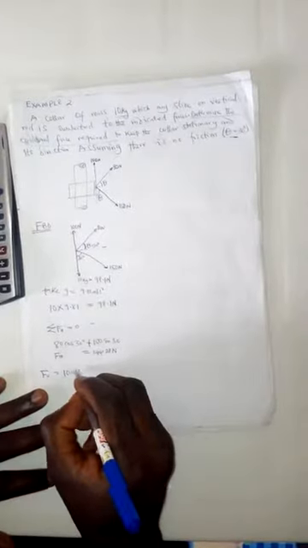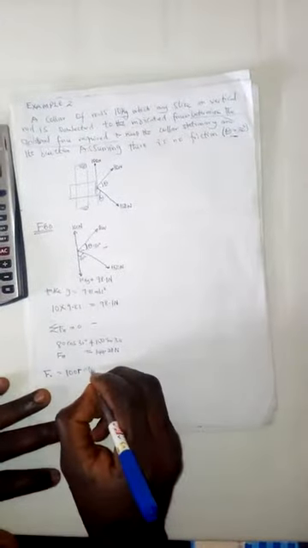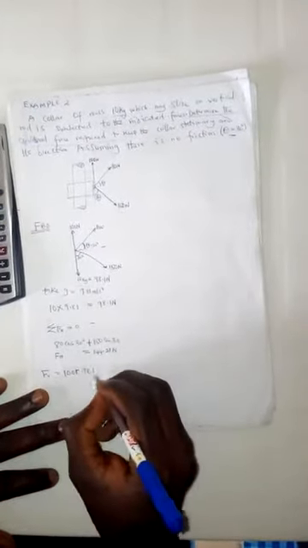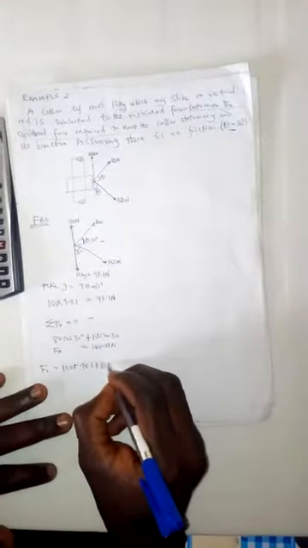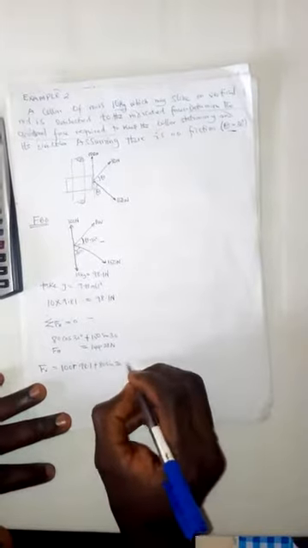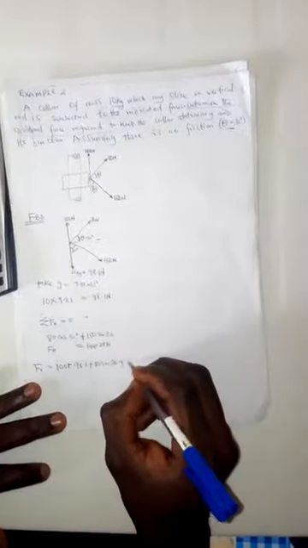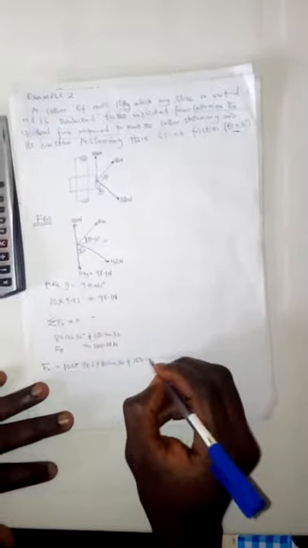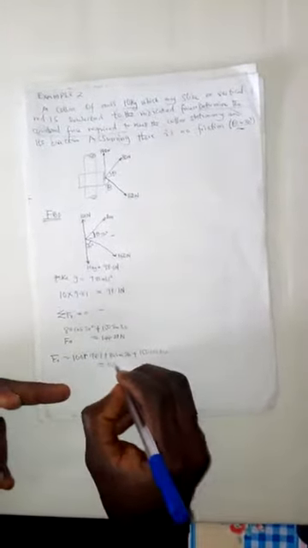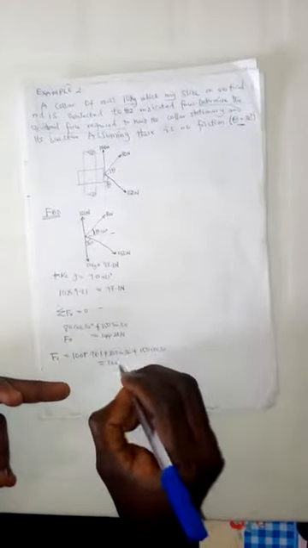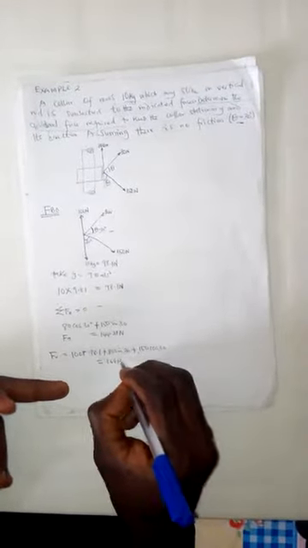We have 100 plus this 98.1, plus 80 sine 30, plus 150 cos 30. When you add everything together with the calculator, you're going to have 368 Newton.